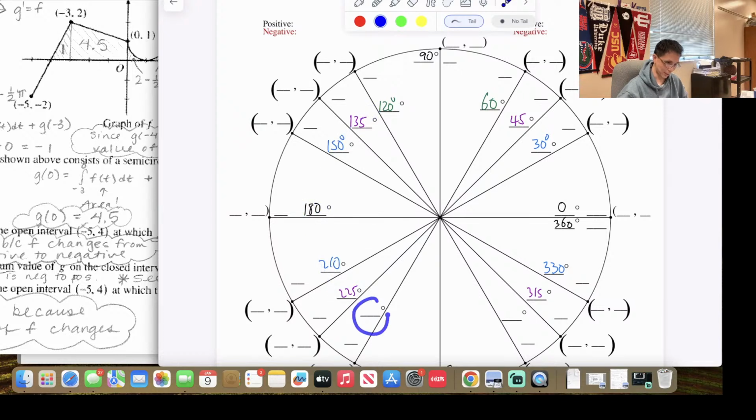Jocelyn, what do you think? 150. Nope. Try again. Shanti, can you help her out? 240. Can you explain to her why it's 240? How about this one? Sydney. 300. Good. So we just finished all the angles. Very, very easy.